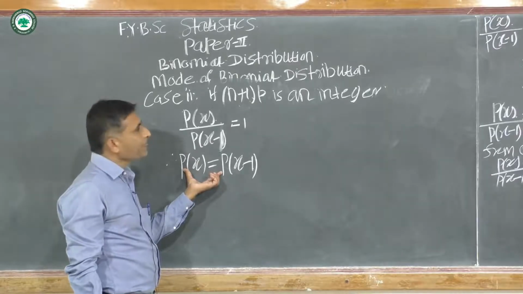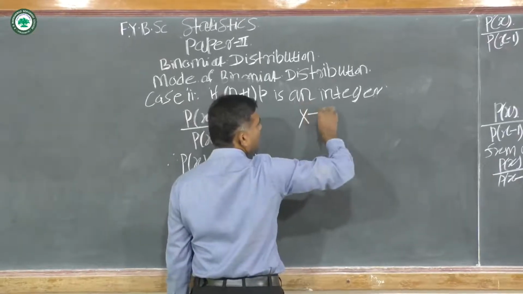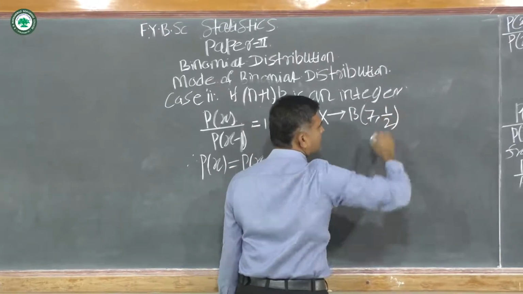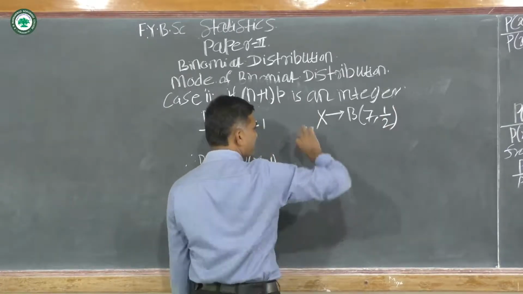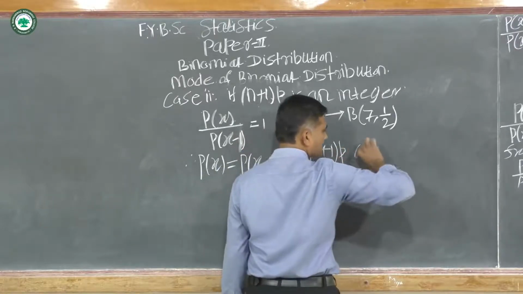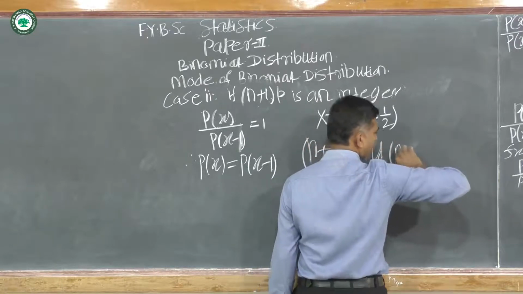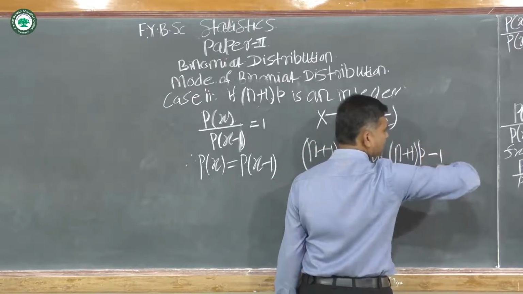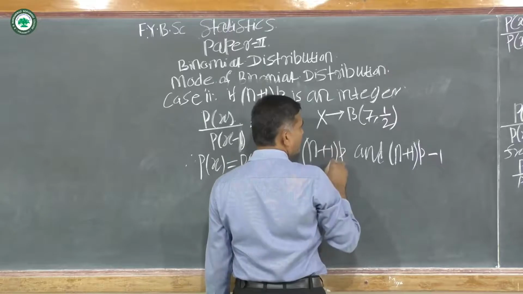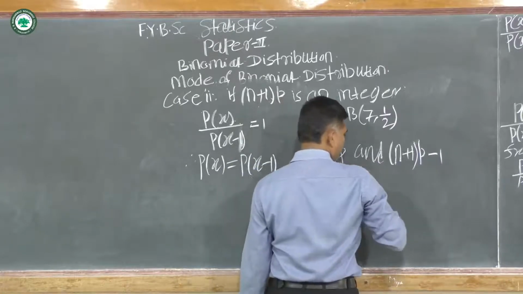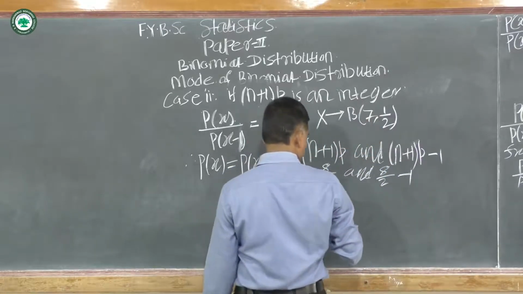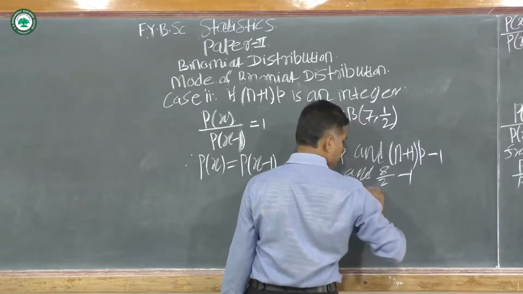Suppose X follows binomial distribution with parameters 7 and 1/2, then consider the values of (n plus 1) into p and (n plus 1) into p minus 1. (n plus 1) into p is equal to 8 divided by 2, that is 4, and 8 divided by 2 minus 1, that is 3.